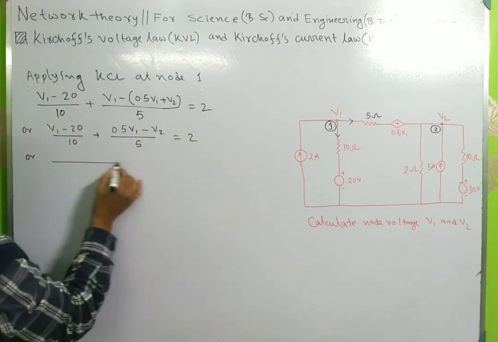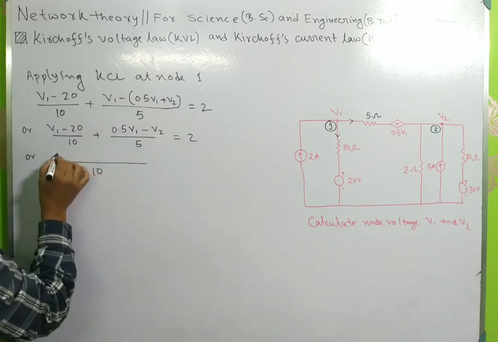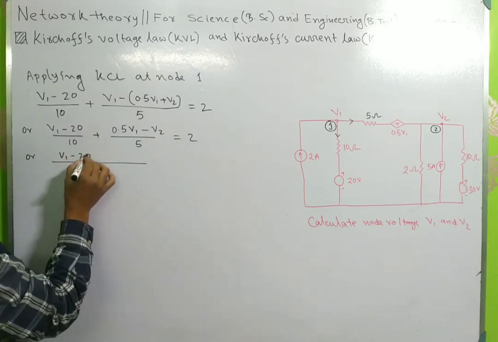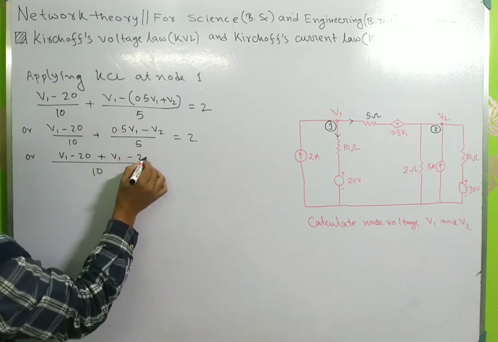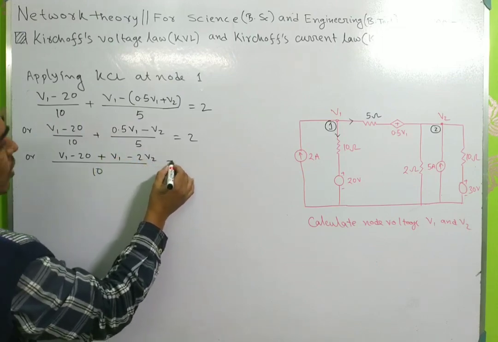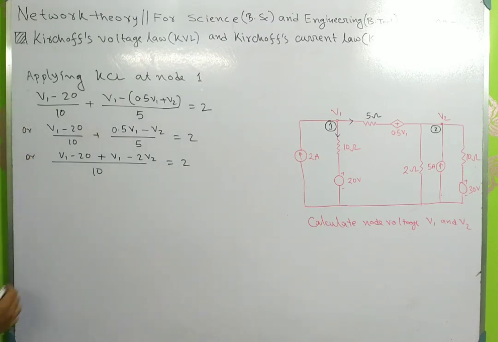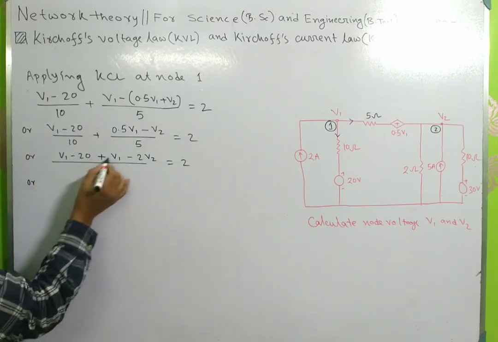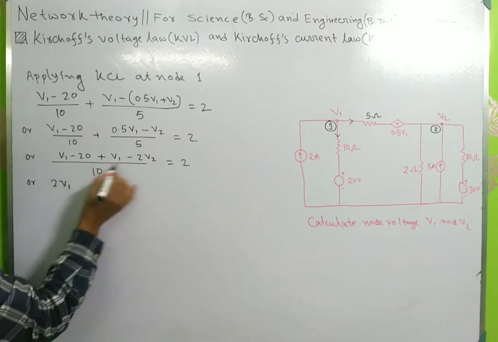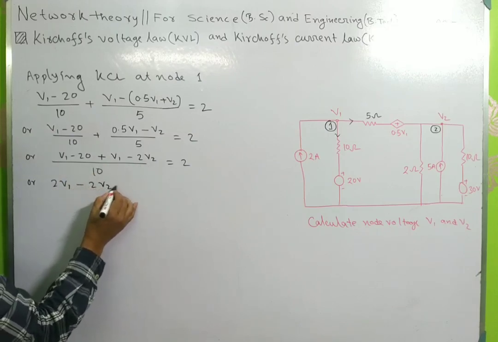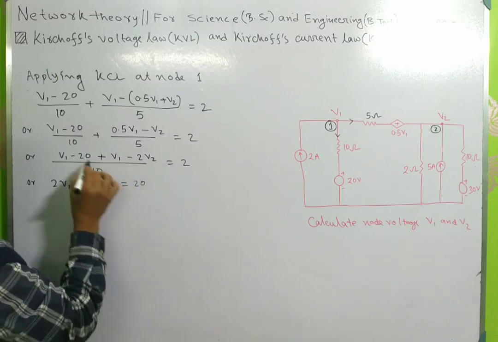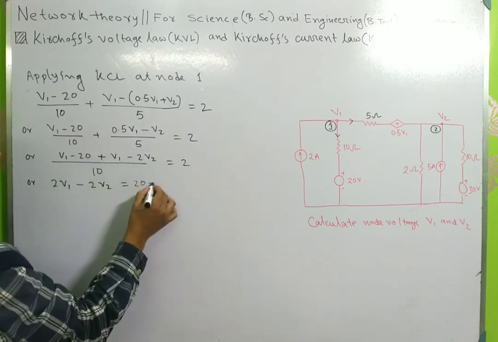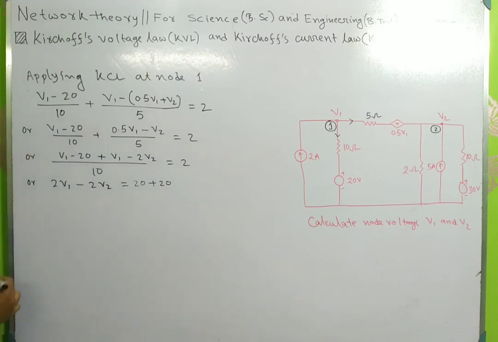So it will be 10. So it will be V1 minus 20. It will be V1 minus 2 V2 equals 2. So 2 V1 minus 2 V2 equals 20, and this 20 will be plus 20.